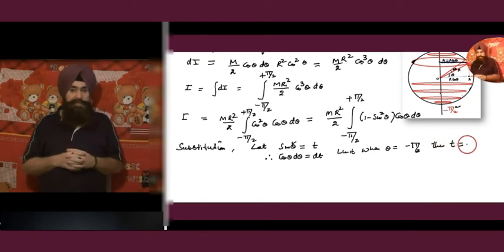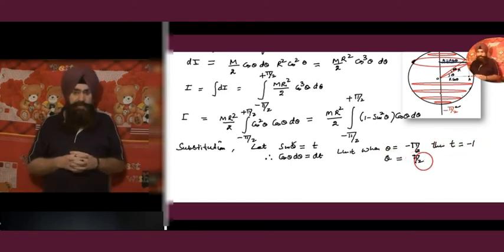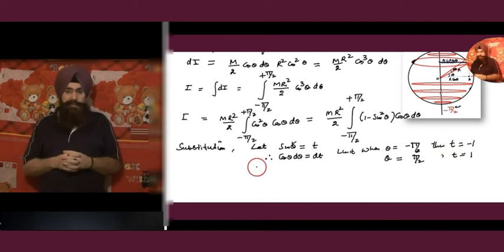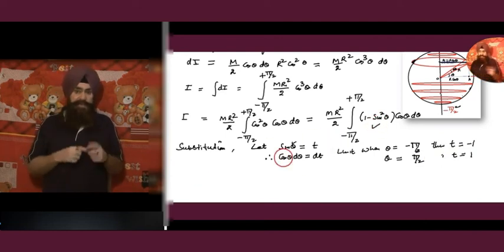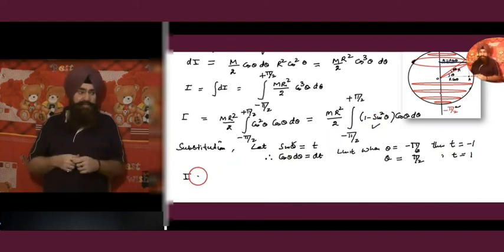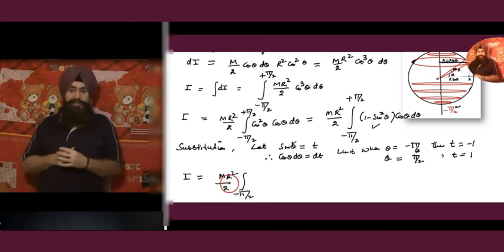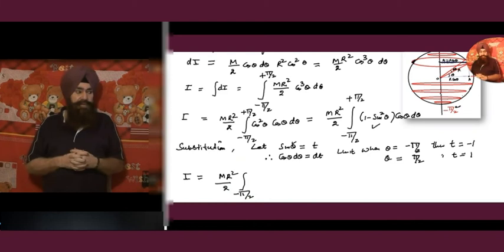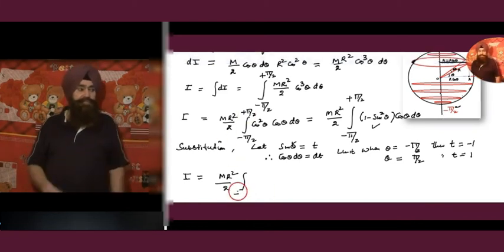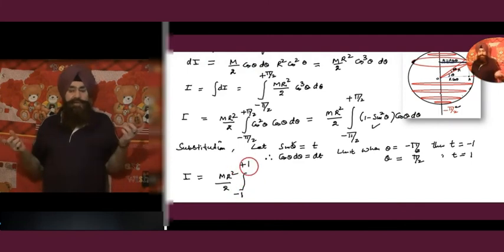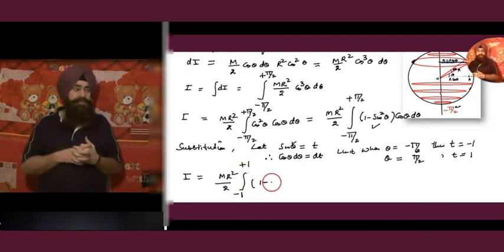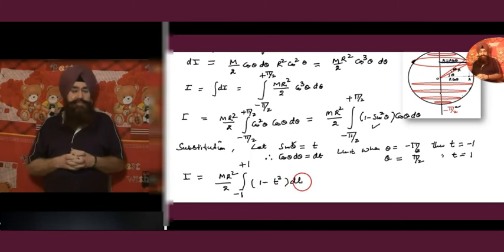And the limits will change. Before it was minus pi by 2 to plus pi by 2, now it will be minus 1 to 1. So the moment of inertia becomes the integral from minus 1 to 1 of 1 minus t square dt.